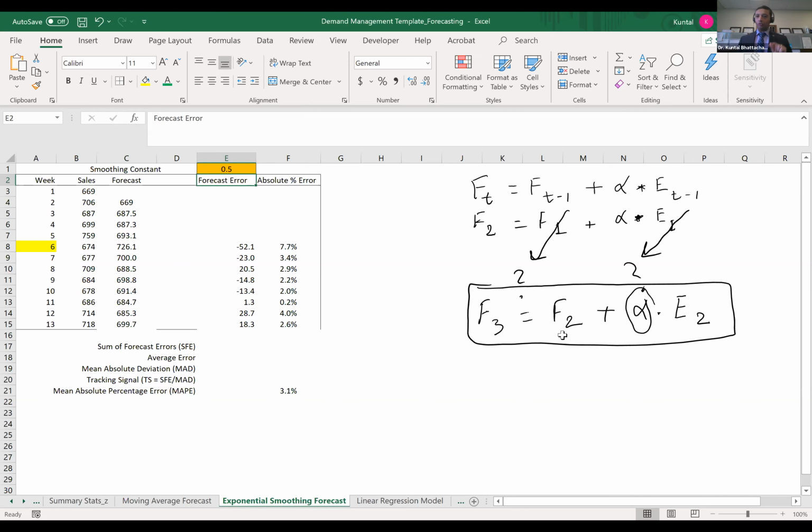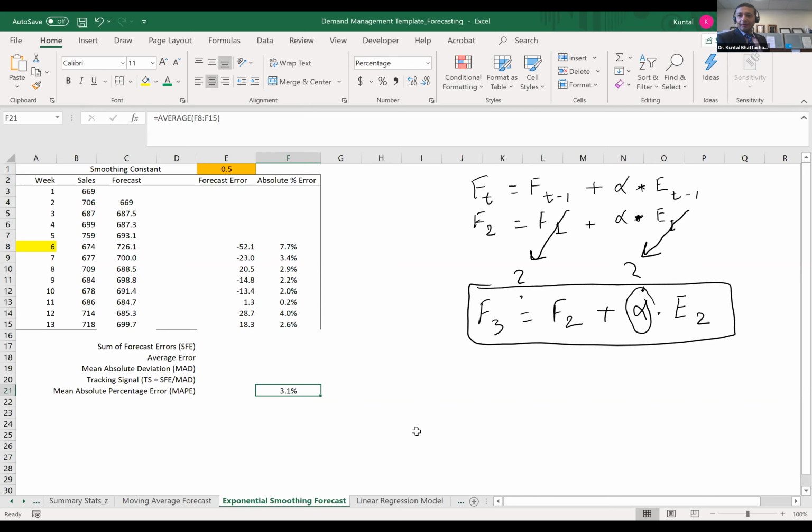Wouldn't it be cool if Excel as a software could help me identify that correct value of the smoothing constant for which my mean absolute percent error gives me a very minimum value? Because that's what I'm after, right? I want to minimize that MAPE, or the mean absolute percentage error.